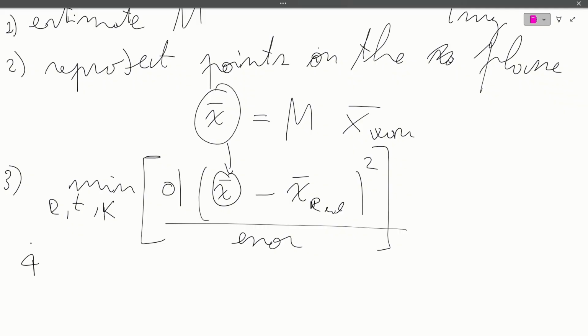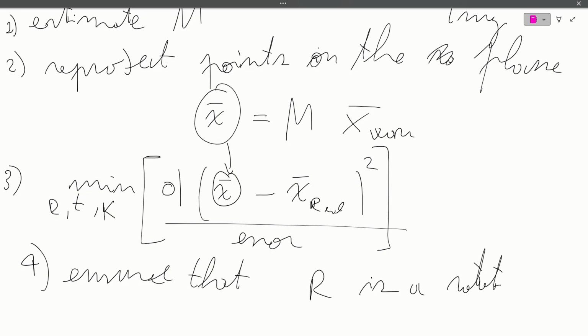Then, this is the crucial point, we can finally ensure that R is a rotation matrix, because a rotation matrix has properties. If I remember well, the columns are unit vectors, and they are orthogonal.